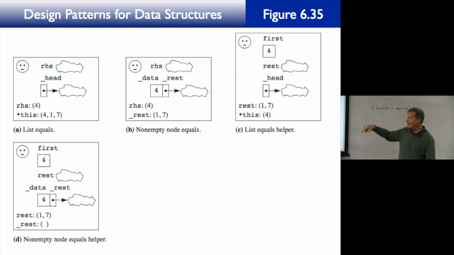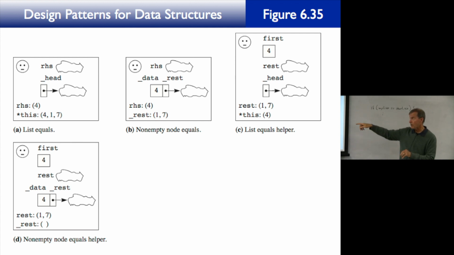So now what happens? In this case they are equal. So now what are we going to call? Now comes the composite pattern. Because how do we know if these lists are equal? They are equal if what? Because we know that the 4s are equal, so now what do we call? The list version. We're going to call the list version of equals, not the helper, but the list version.